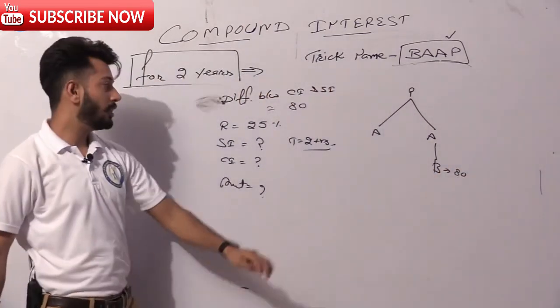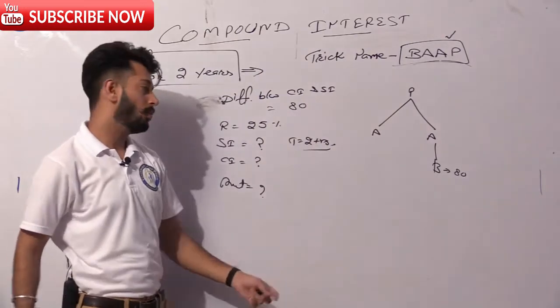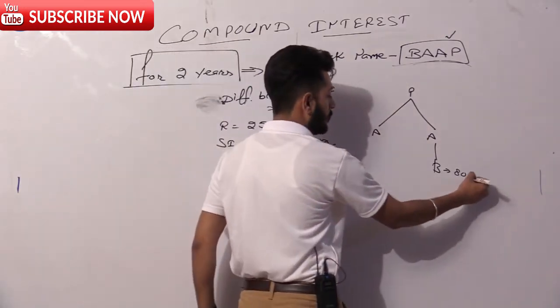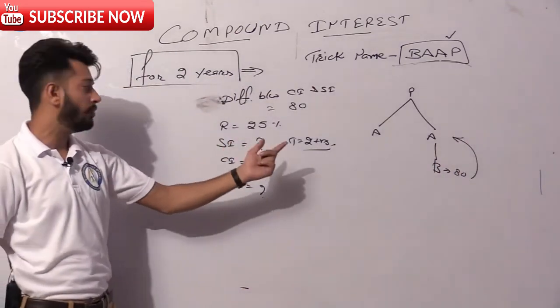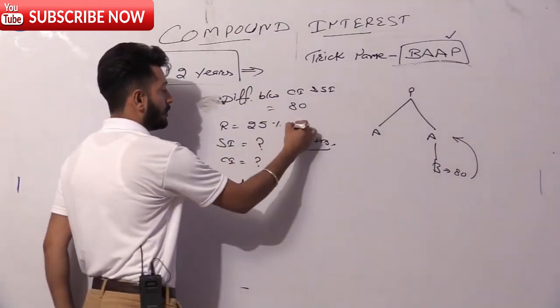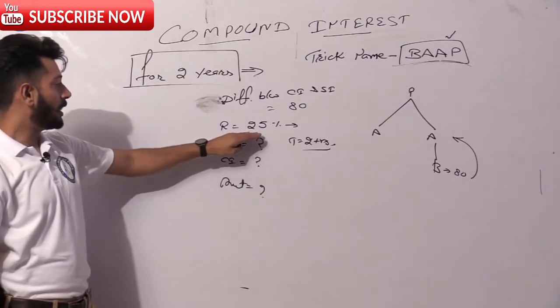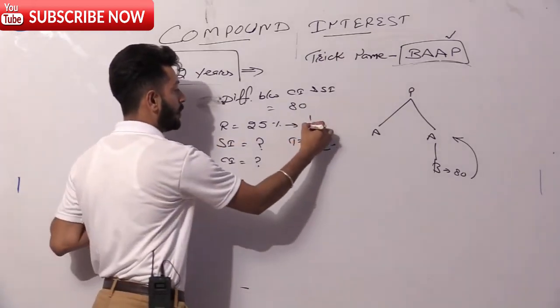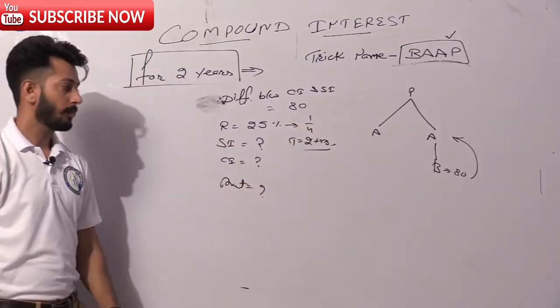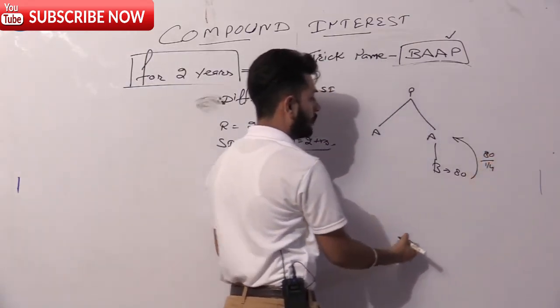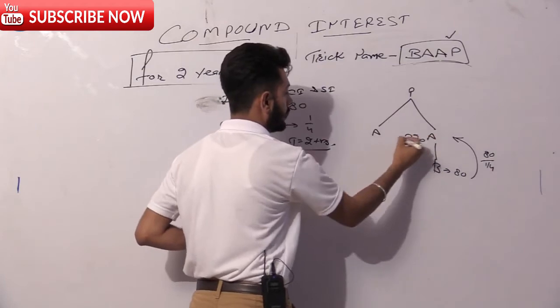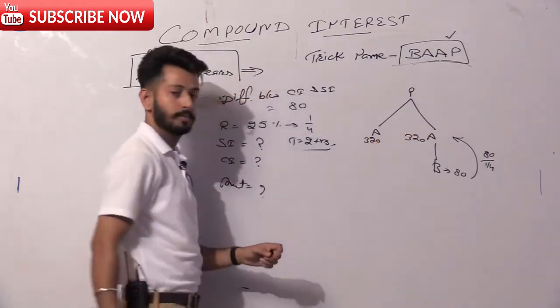Now we have to find the value of P, that is, we have to move upward in the diagram. To move one step upward, we have to divide 80 by R%. We can convert R to a fraction, which is 1/4. 80 divided by 1/4 becomes 320 and 320.